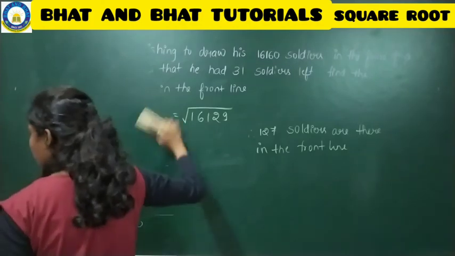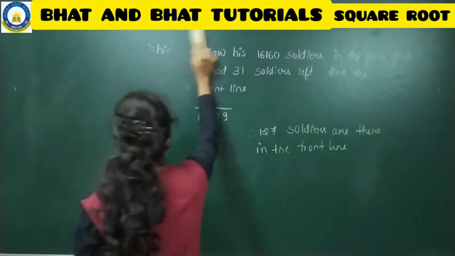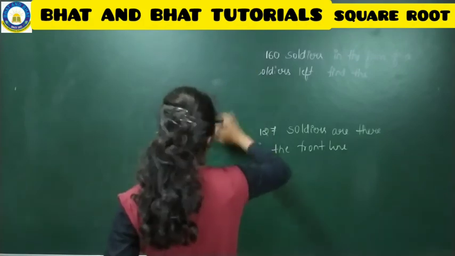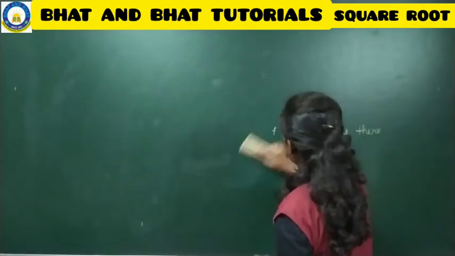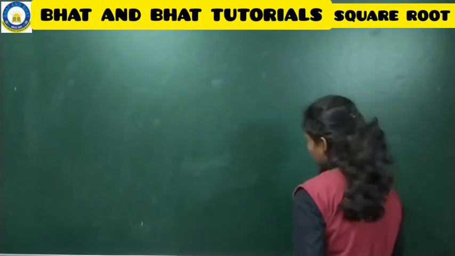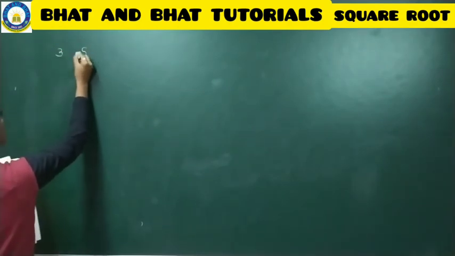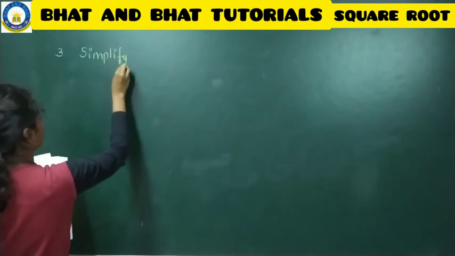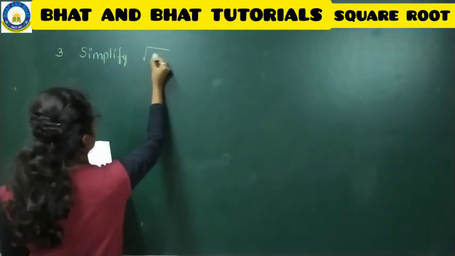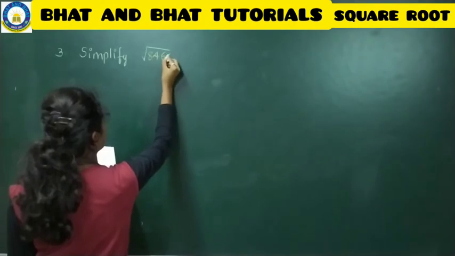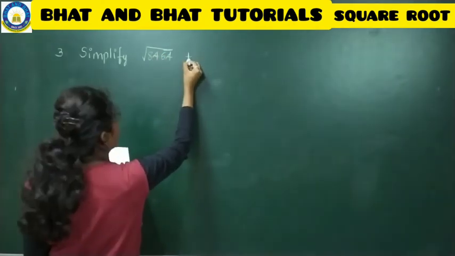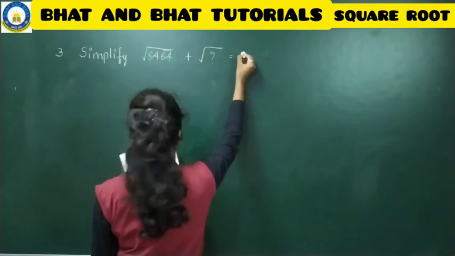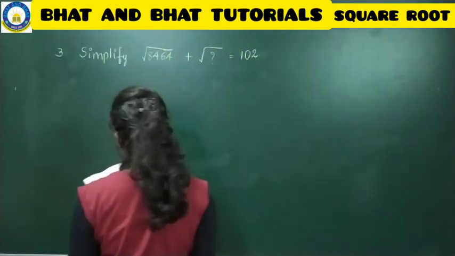That is your question number 3. Simplify square root of 8464 plus square root of question mark, which is equal to 102.